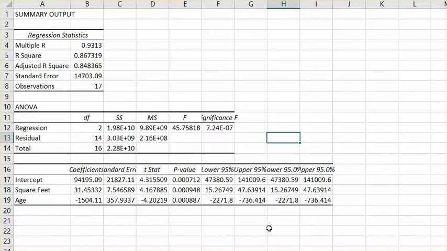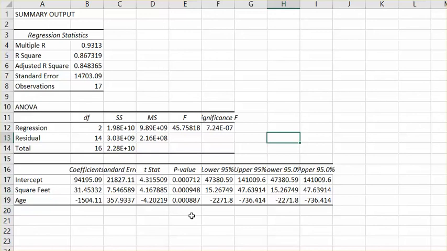I have two independent variables, and we do the same thing that we did previously, i.e., we look at the p-value. Very small for square footage, very small for age. These two are significant. They stay in the model. Lastly, what about the third one?